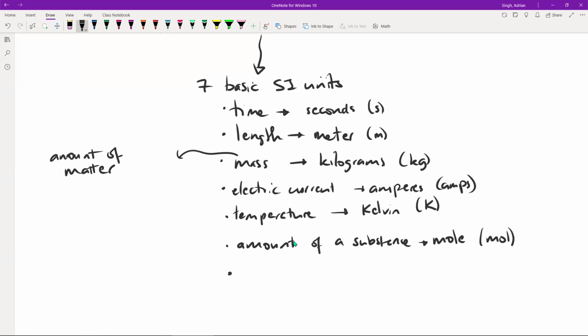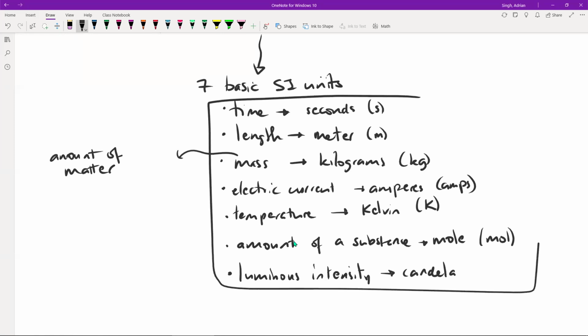And then something we don't see quite often is luminous intensity, and that is measured in candela. You can imagine it sounds kind of like candle. These are the 7 basic SI units that have been established.